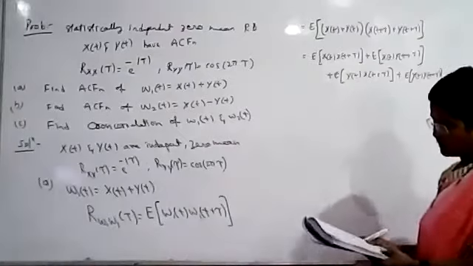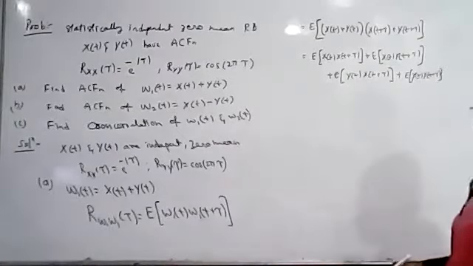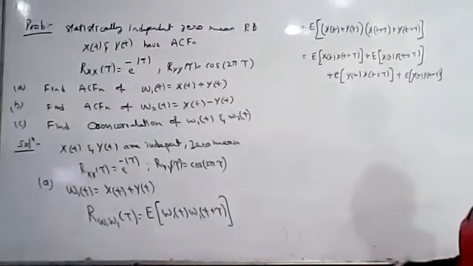And what is given here? It is given that x of t and y of t are statistically independent.